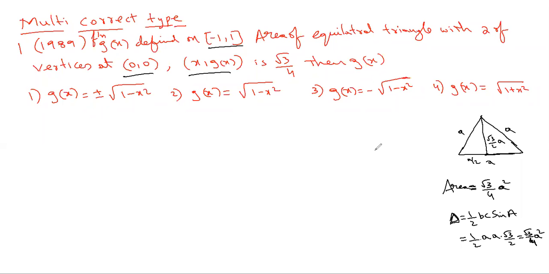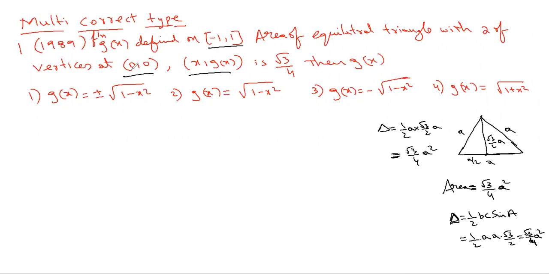So the area delta equals half into the base A and the height root 3 by 2 A, so automatically you get root 3 by 4 A square. So don't worry about this formula if you don't know. If you know the side of an equilateral triangle, you can find the area like this.